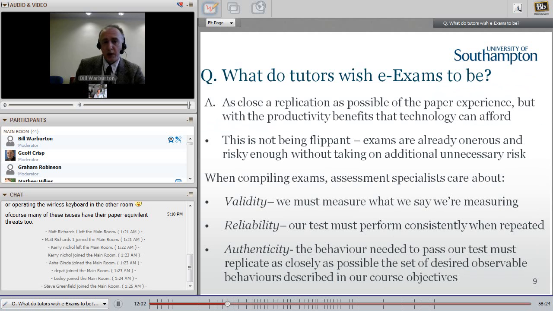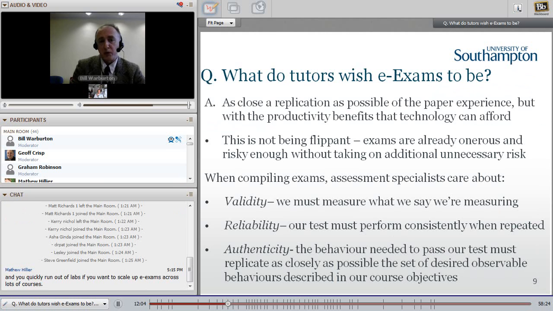So tutors would like as close as possible a replication of the paper experience, but with productivity benefits, and that's not being flippant. Exams are already onerous, they're already risky, without taking on additional technical risks.